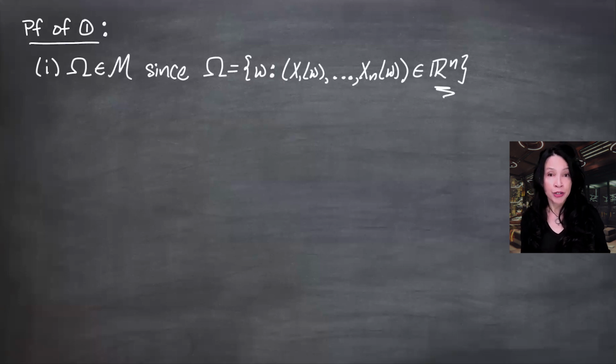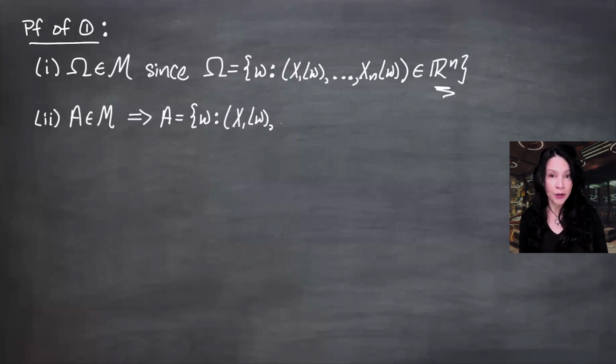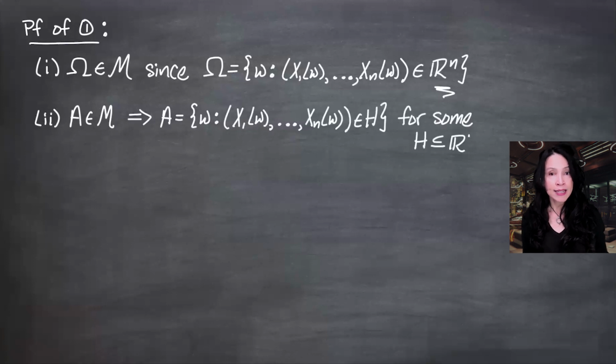The second thing we want to show, for curly M to be a sigma field, is that it's closed under complements. So I'm going to start by taking a set A in curly M. This means that there's some subset H of Rn such that A can be written this way. And we want to show that A complement is also in curly M. So we want to find basically the corresponding H set so that we can get A complement written in this way.